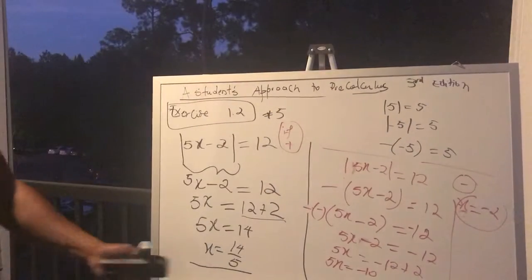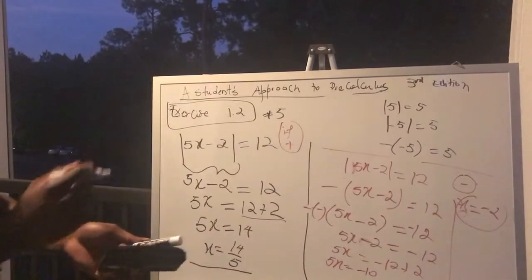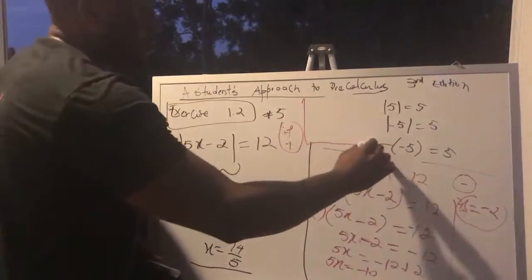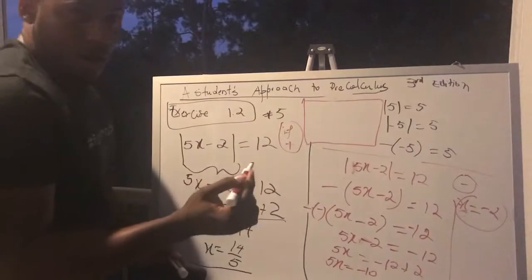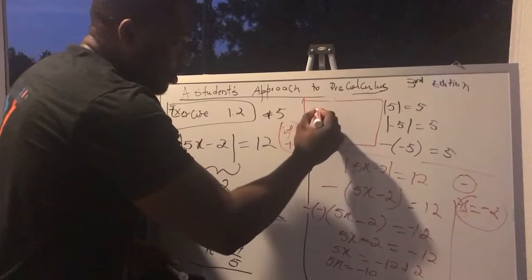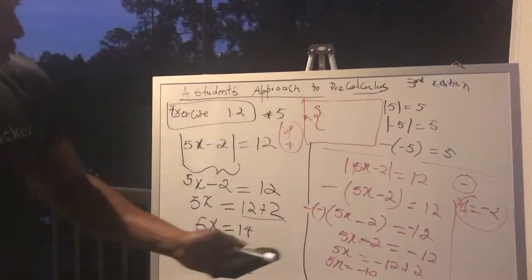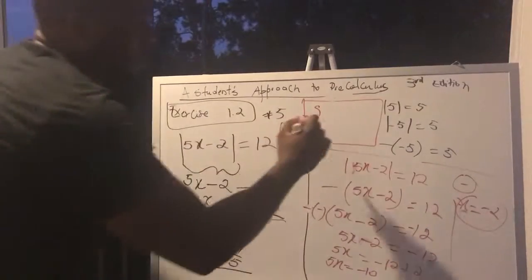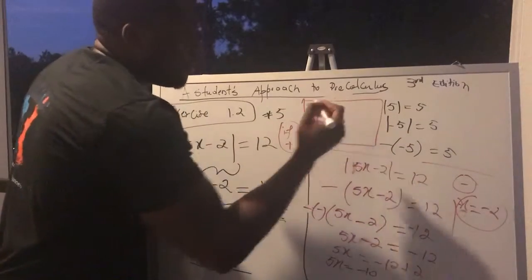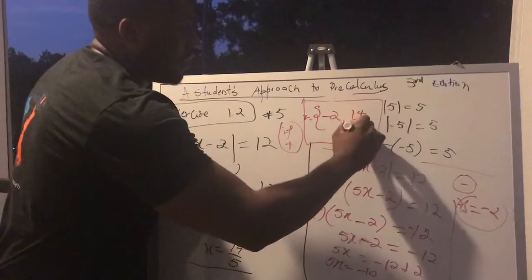That's it. So how do we write the solution for this? One solution, two solutions. The way you write this is: x is equal to, and you want to put the smaller value first, negative 2, and then you want to put the second value in a set.